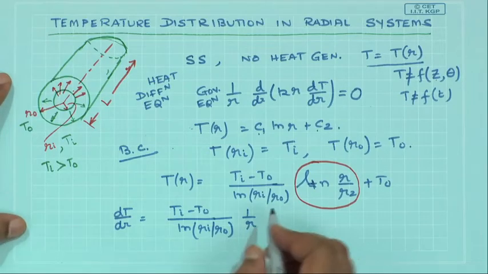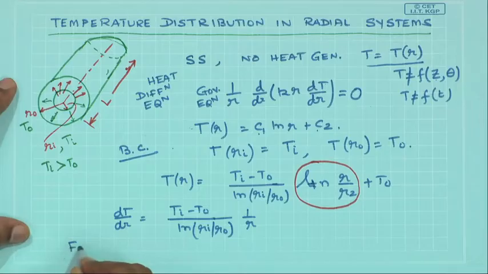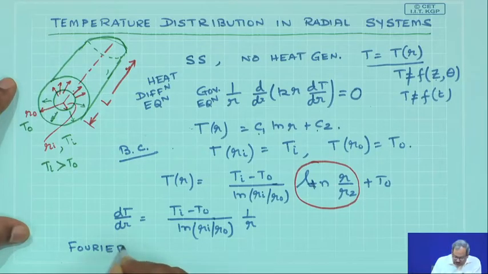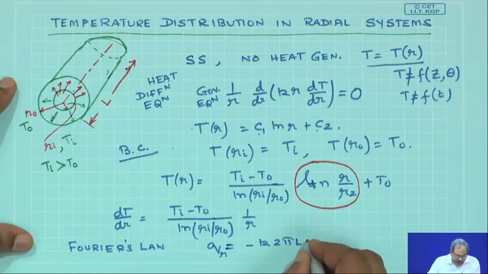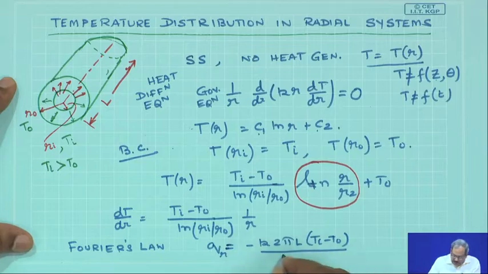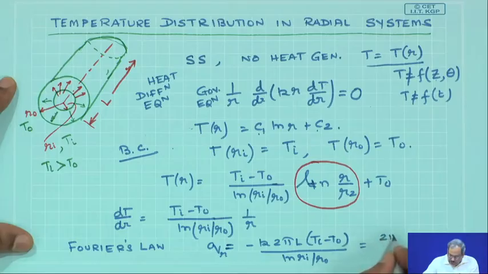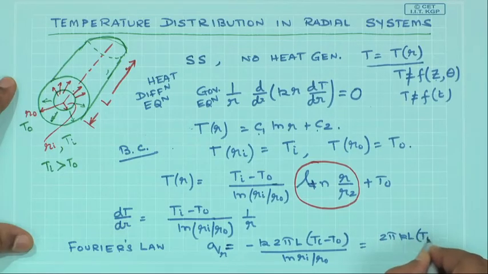With this, using Fourier's law, q in the radial direction is simply going to be minus k 2 pi r L, L being the length of the cylinder, times (T_i minus T_o) by ln(r_i/r_o) times 1 by r, or it is 2 pi k L (T_i minus T_o) by ln(r_o/r_i).